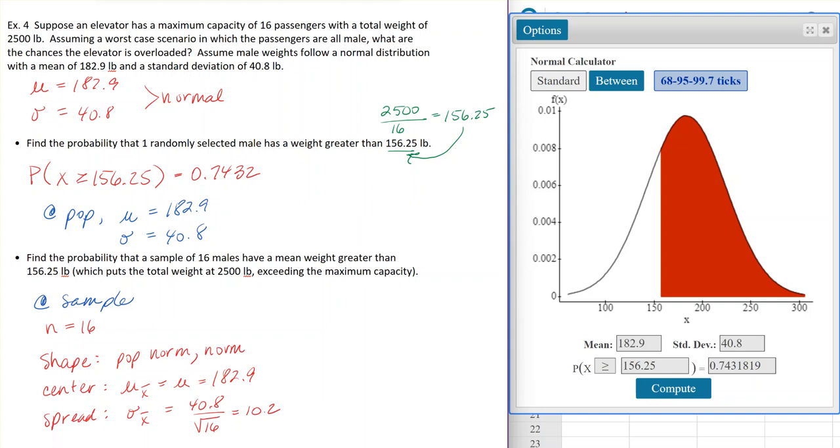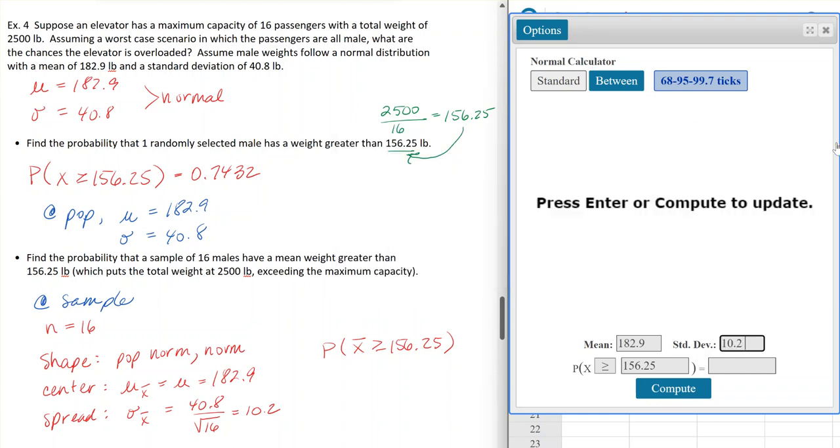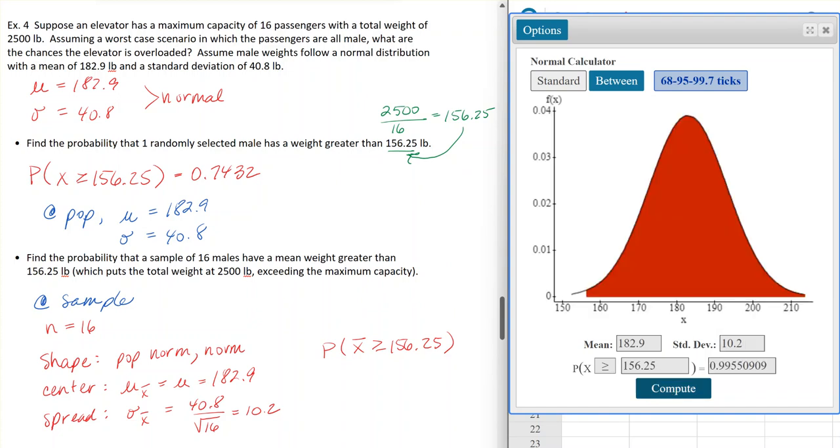So once again, I'm looking for the probability that a sample of 16 men has an average weight greater than 156.25. And so we're going to change our standard deviation in the calculator over here. Let's get rid of the 40.8, and we will replace it with 10.2. We don't need to change anything else, but when I hit compute, now look what that shows.